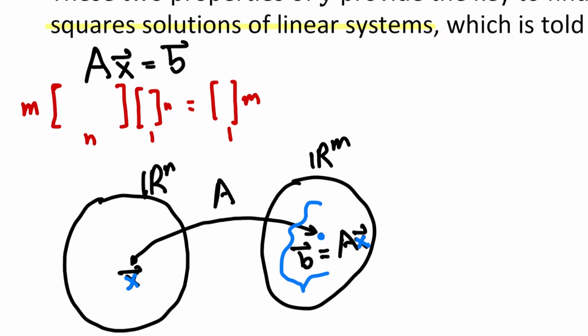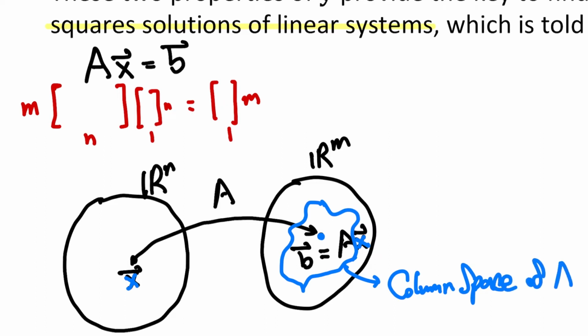The possible b here is called the column space of matrix A. So if some vector b is in the column space, then we can find the solution x.